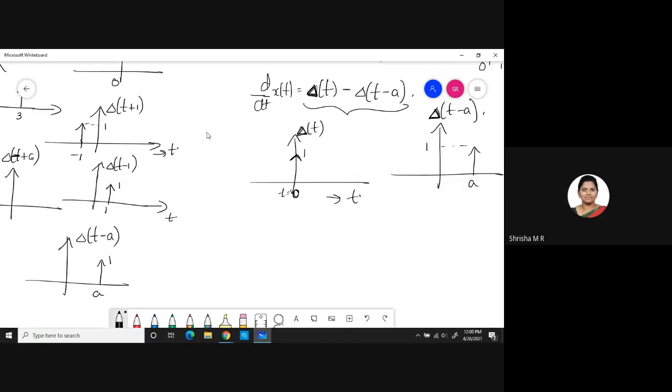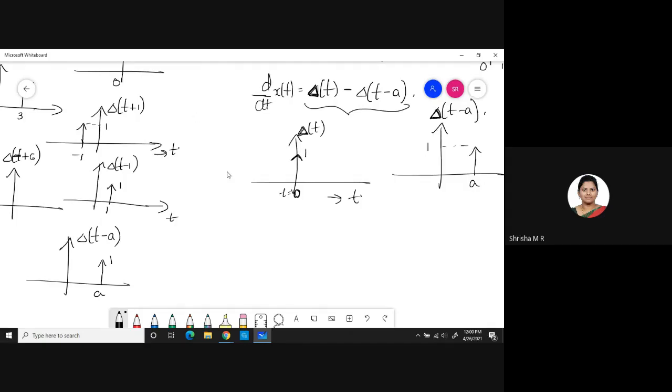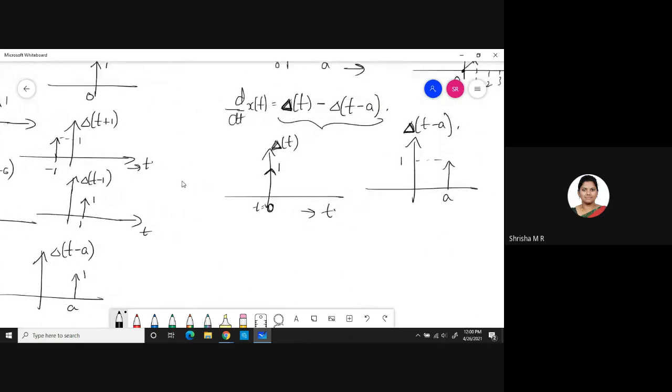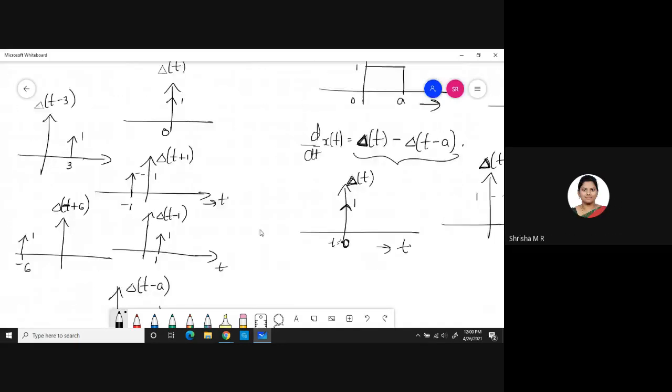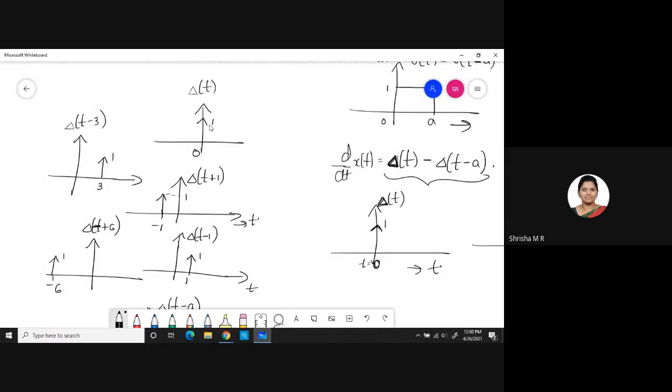Is this concept clear? Yes, ma'am. So we have an impulse signal delta of t. Shifting is the same. That is what operations on signals are. So we have to do shifting. If k is negative, then it is right shifting and the signal is occurring 3 seconds late.